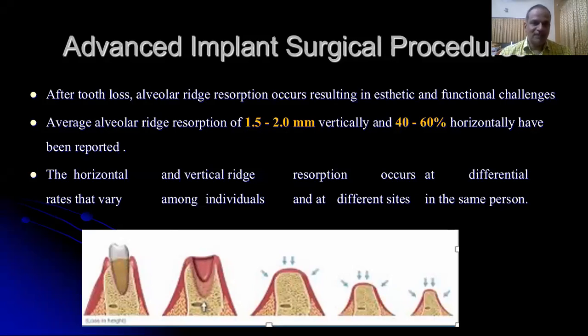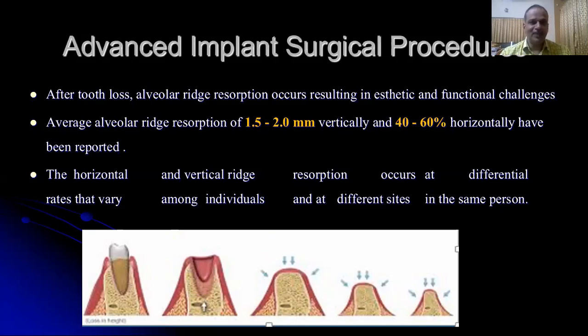But most of the time, the patient reports for tooth replacement after a few years of tooth loss, and there is a lot of alveolar bone resorption both in the vertical as well as in the horizontal dimension, which leads to narrow alveolar ridges.